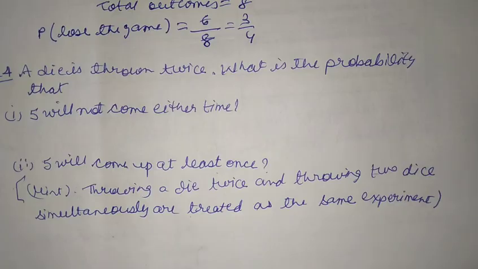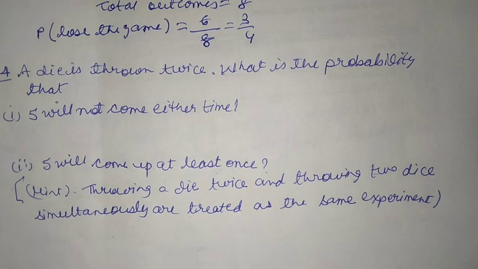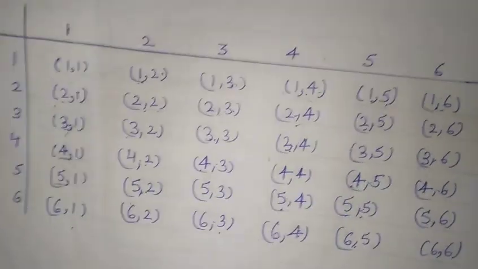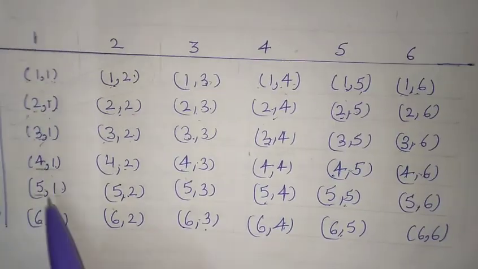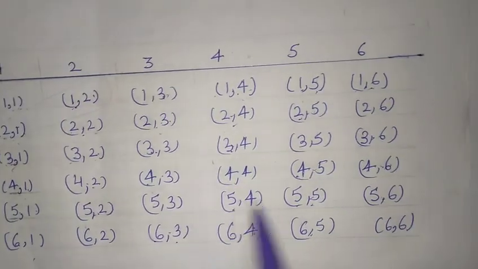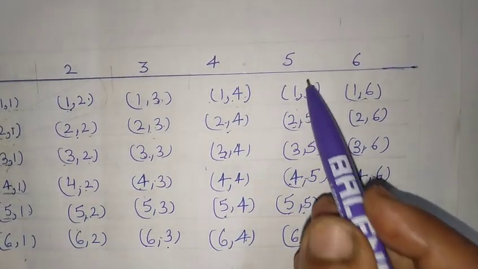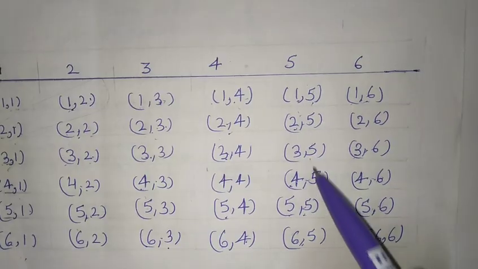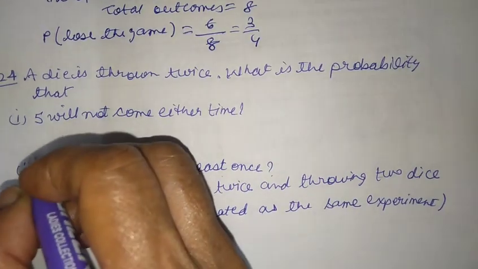So now let us go to our chart again here. We have to find that 5 will not occur either time. So let's see how many times the 5 occurs. Here we have this line occurs 5 here: 1, 2, 3, 4, 5, 6, and this also 7, 8, 9, 10 and 11. So that is the number of times 5 occurs here.